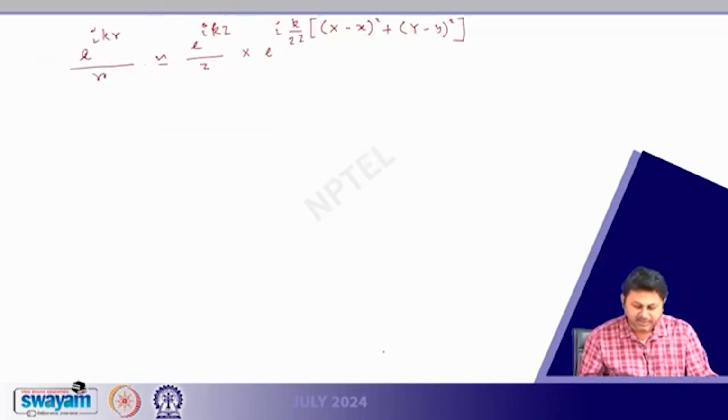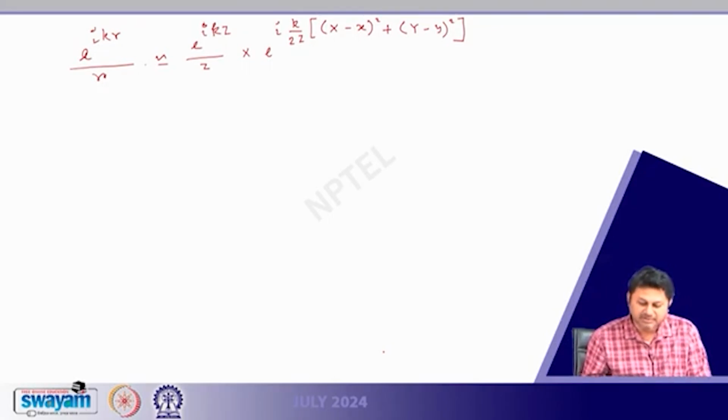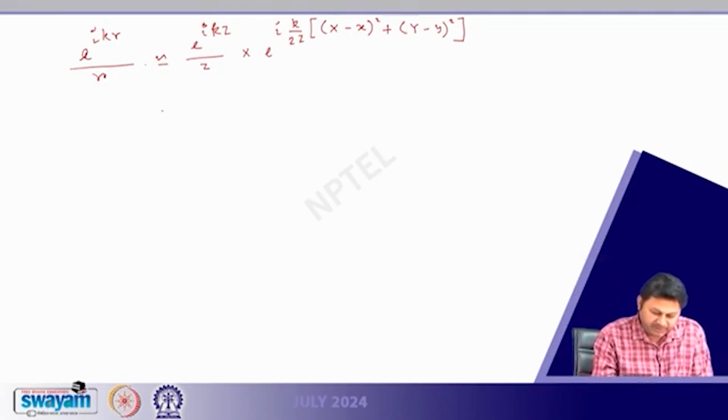Then in the next line, e to the power i k r, I just replace the value of r. In the exponential, I kept this x minus x', but in the denominator, for simplicity, I simply replace r as z. So this value is essentially e to the power of i k z divided by z.